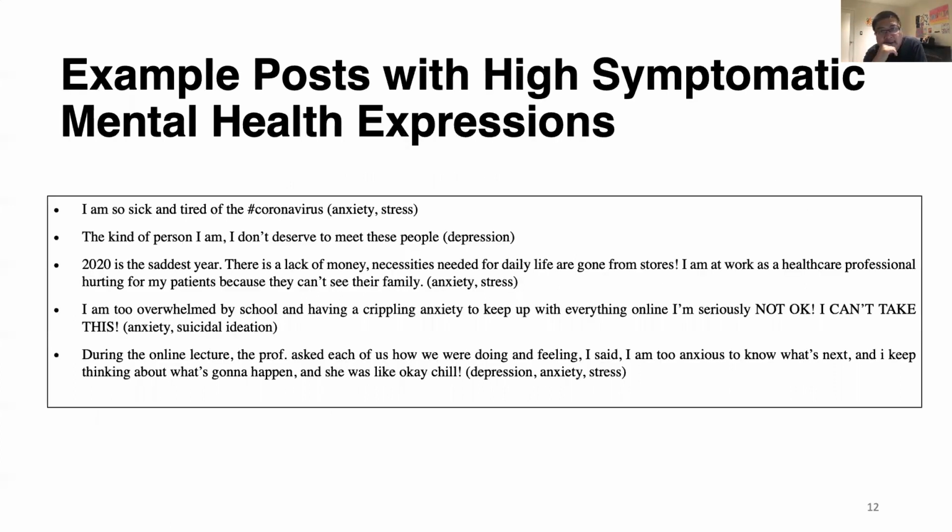And here I show, copied from the paper, some example posts of high symptomatic mental health expressions. As you can see, like, I'm so sick and tired of the coronavirus, and this kind of person I am, I don't deserve to meet these people, and so on and so forth.